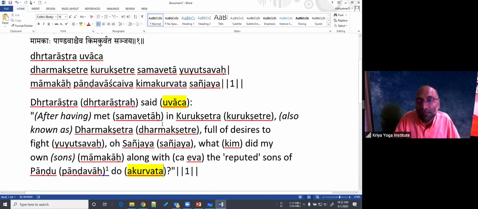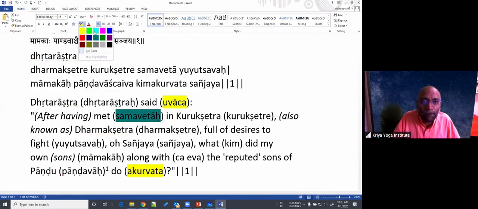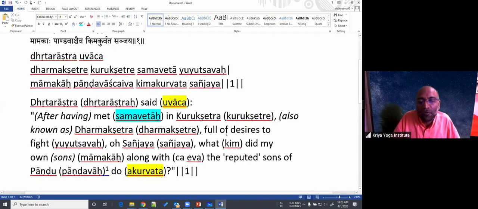Out of these 3, I should say nominal, because it covers noun, pronoun, adjectives. So he has taken the first word, samavetaha. This is those who met. Samveta means gathered, people who gathered. And I'll use a different color here. These are for the nominal forms.